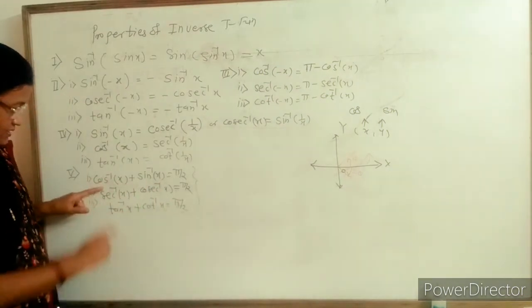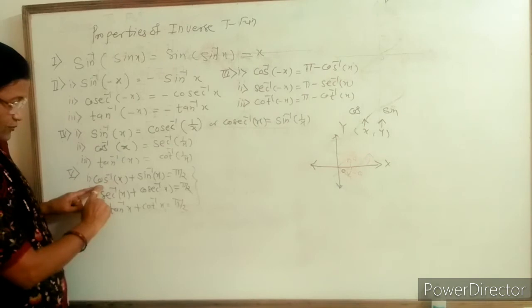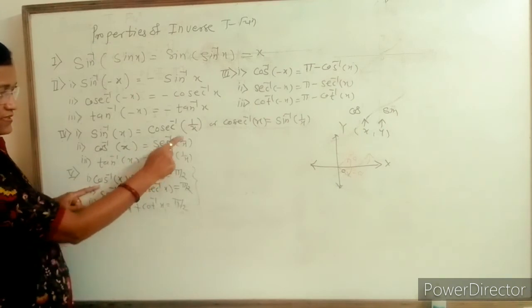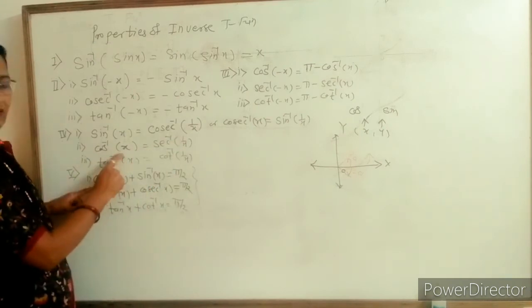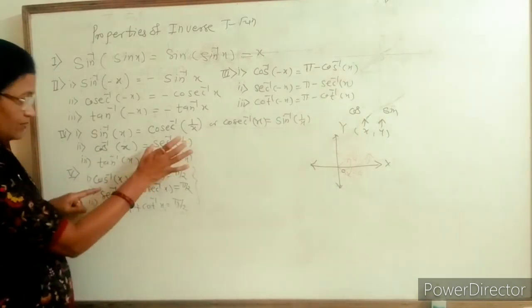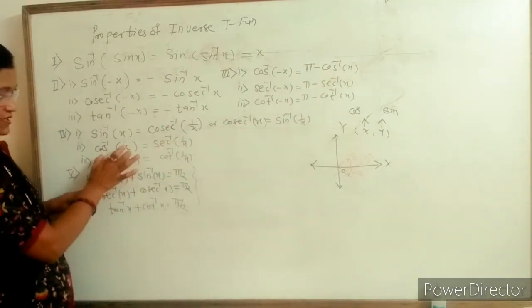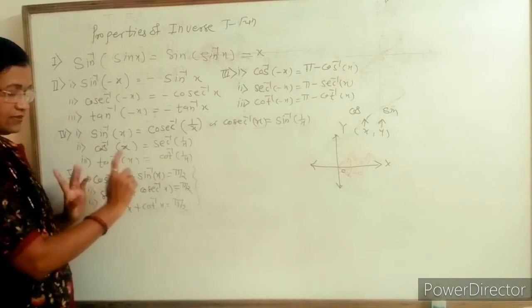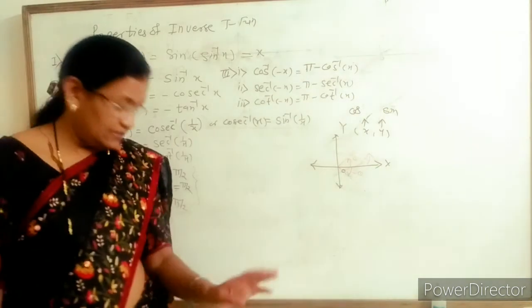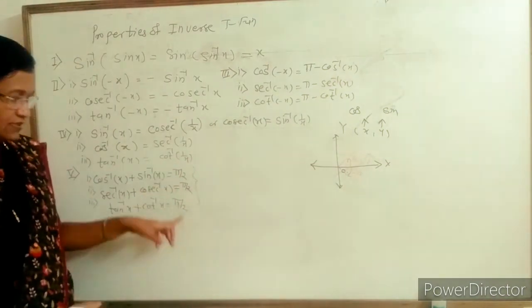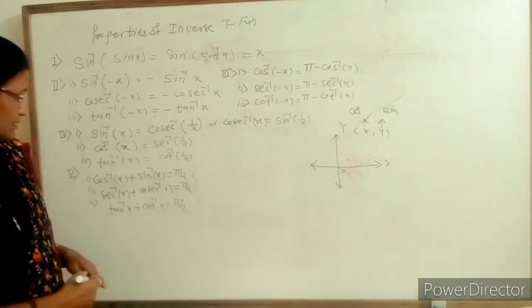Instead of cos inverse, sec inverse may be used here. So we can replace this sec inverse with the reciprocal of this number and you get cos inverse. So suppose this value is given here, you can match this value with the left side, cos inverse x, and both are complementary functions of each other. Their addition is nothing but pi by 2. So by using this we find the derivative of pi by 2 or the integration of pi by 2.